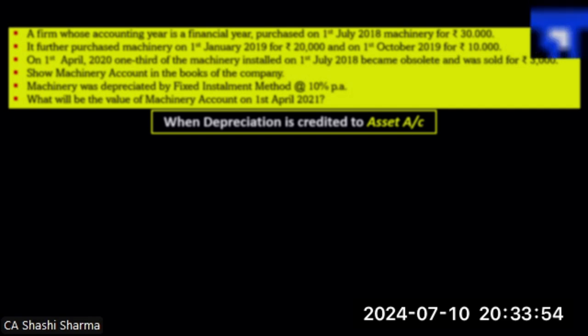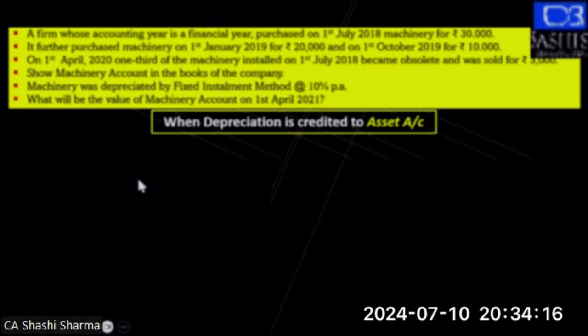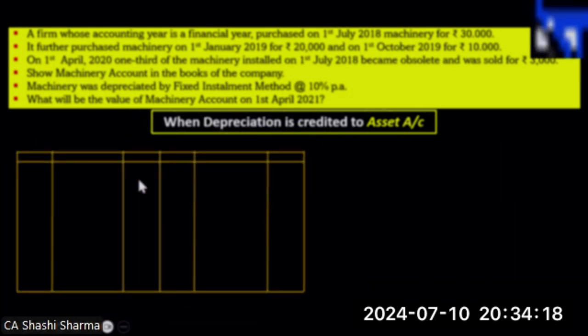Journal entries are usually not asked in this chapter. The question says, what will be the value? So, to know the value of the machinery after 3 years, we have to prepare the ledger account.